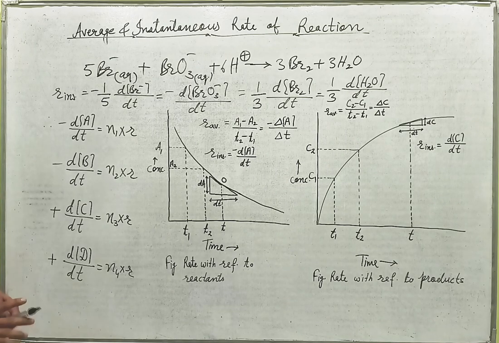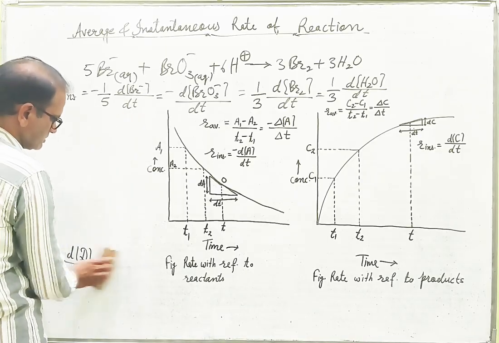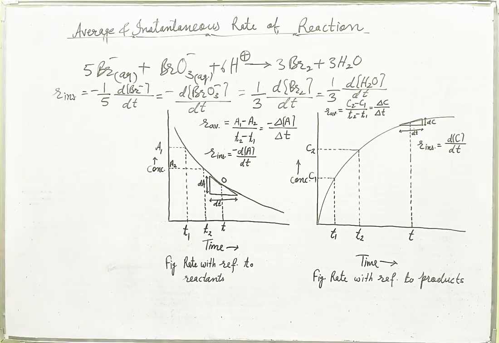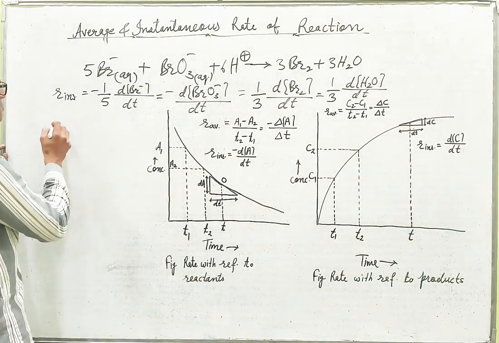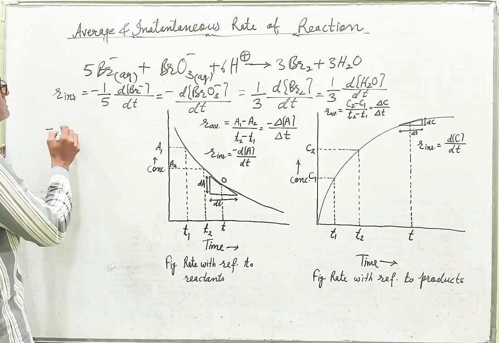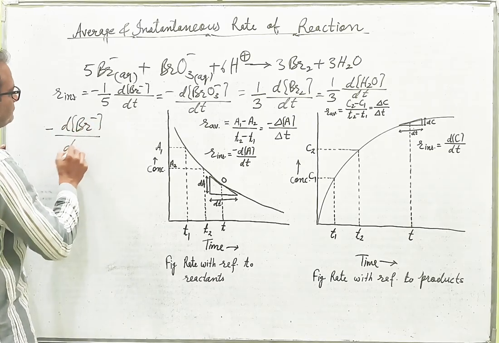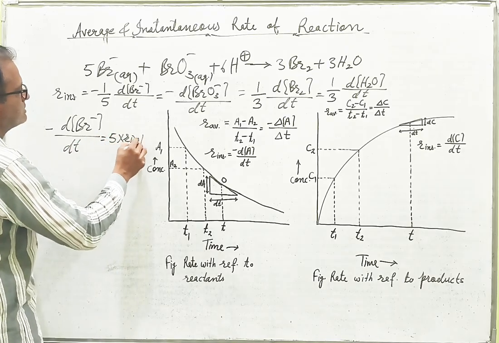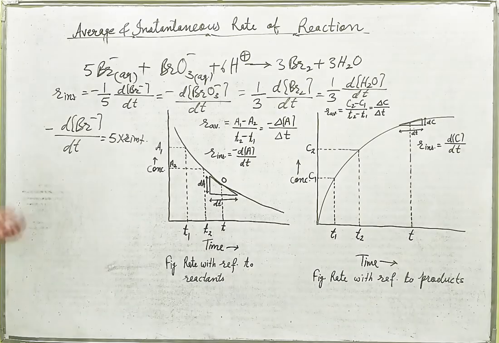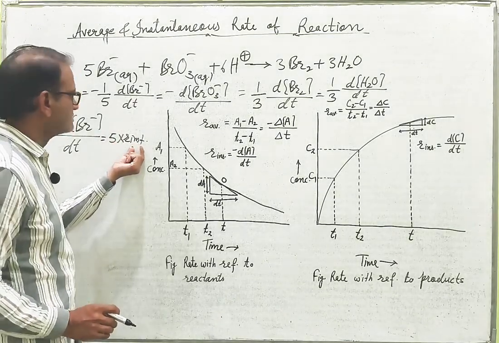Now if we want to calculate the instantaneous rate for the disappearance of bromide ion, then what will be the rate of disappearance of bromide ion? That will be equal to minus d[Br⁻] upon dt, which will be equal to 5 into R instantaneous. So it will be 5 times the rate of the reaction.